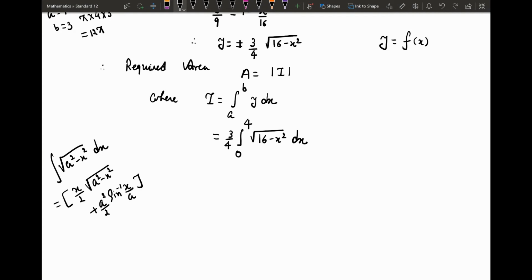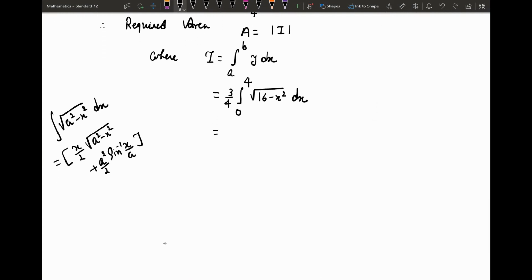So using this standard formula, this is 3 by 4 [x by 2 under root 16 minus x square plus 16 by 2 sine inverse x by 4], limit 0 to 4.